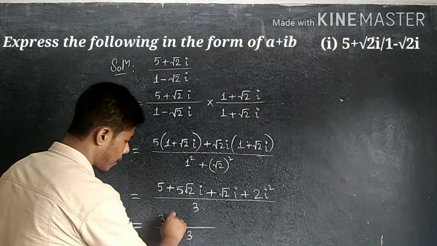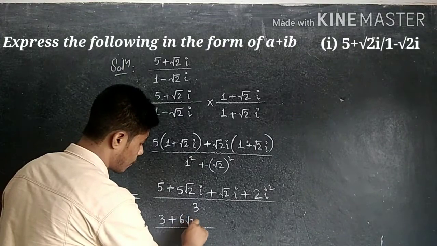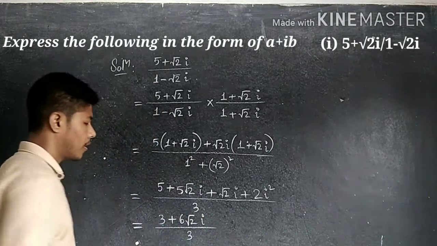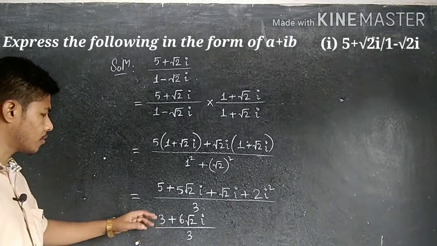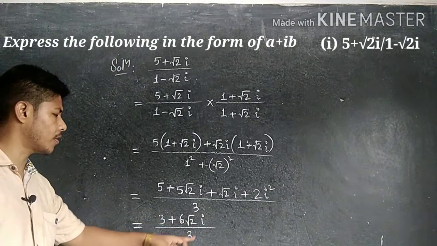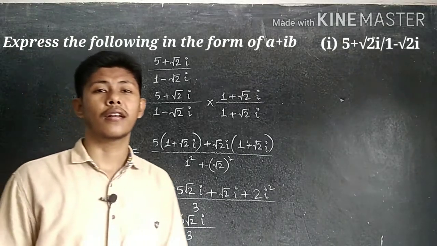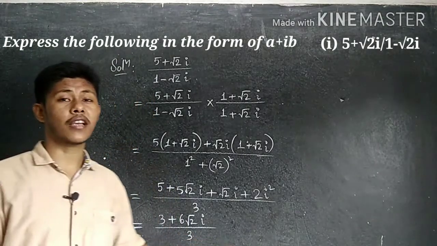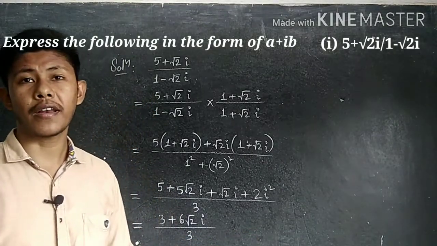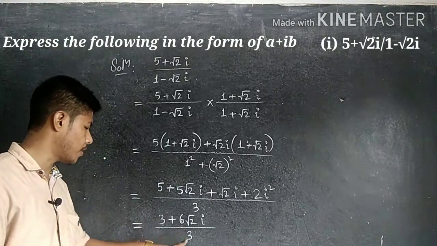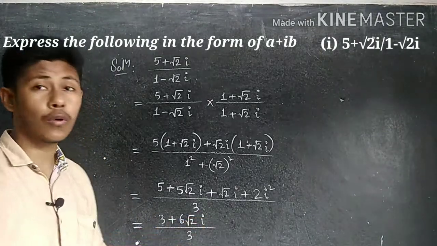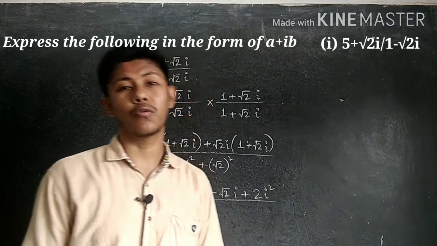So we have to write plus 6 root 2i. Is it clear? Now if you separate this one, 3 by 3 and 6 root 2 by 3i, in this way we separate and then we get the a plus ib form. Is it clear? So finally the answer we get here is 3 by 3, that is 1 plus 2 root 2i.